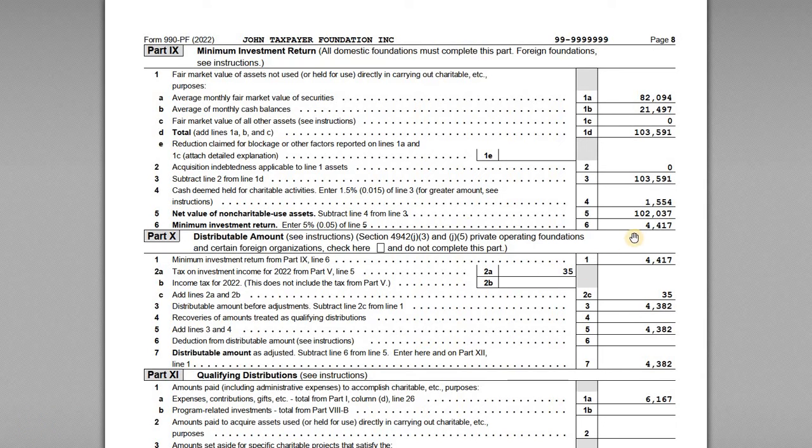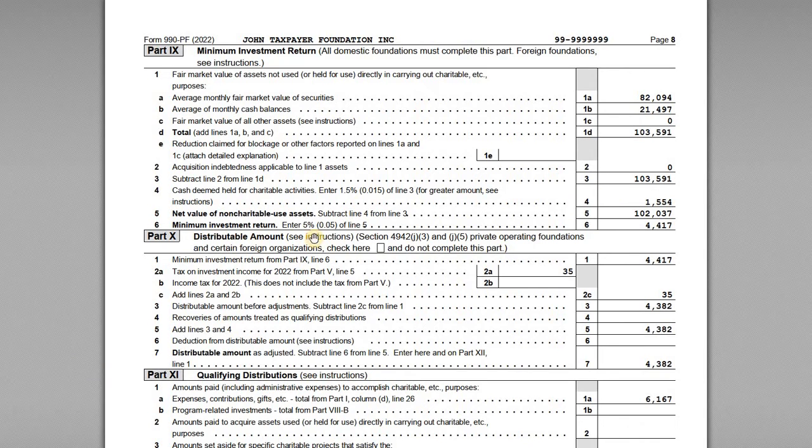So the cash deemed held for charitable purposes is 1.5% of line 3. So 103,591 times 1.5% is 1554. And then our net value of non-charitable use assets is 102,037.